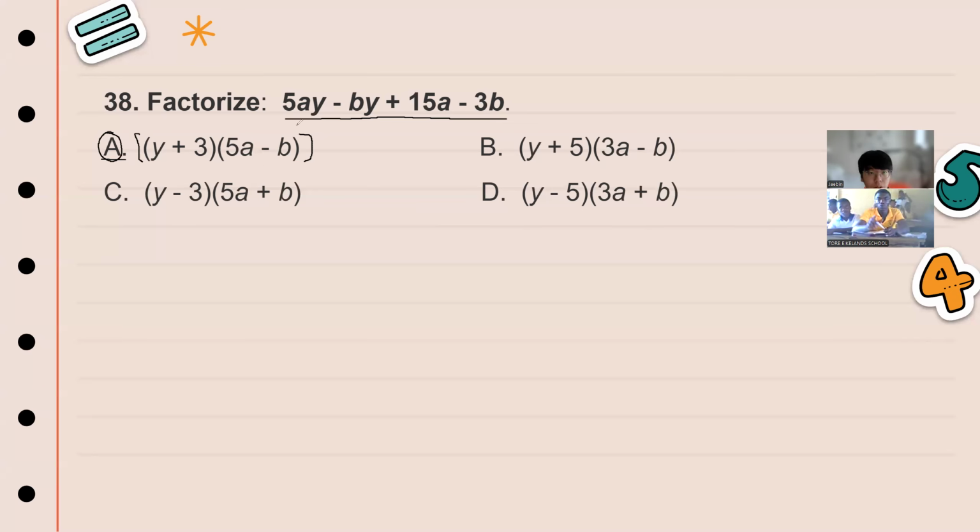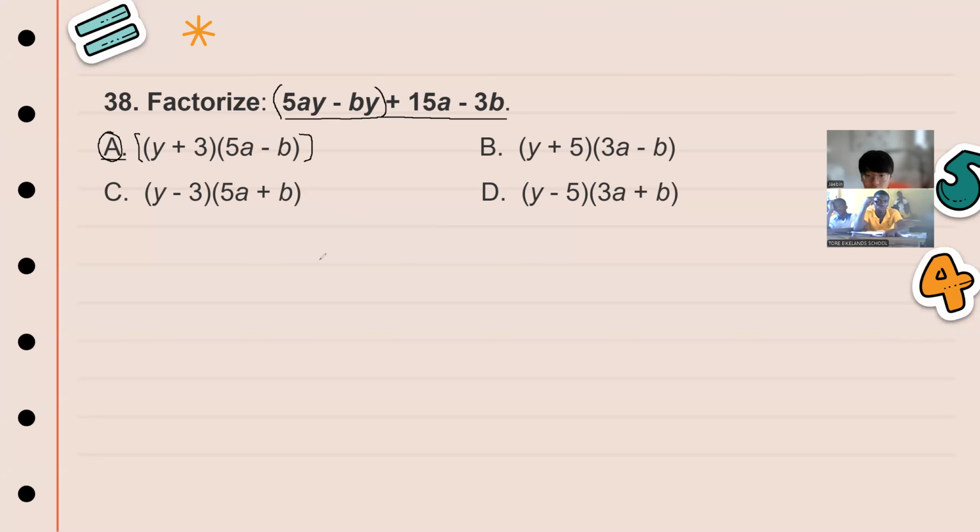So if we look at 5ay minus by plus 15a minus 3b, then we can take out y from these two terms, right?